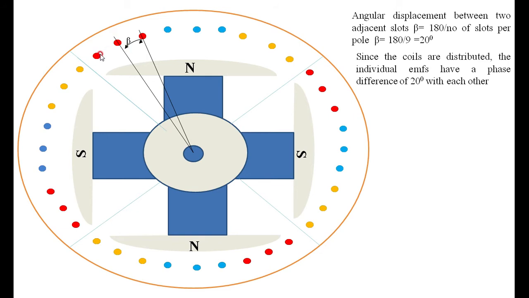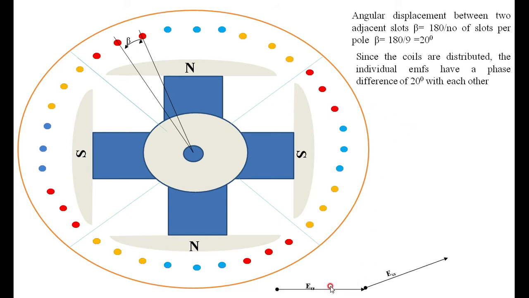There is a phase displacement between these coil sides, that is beta. Therefore, the total induced voltage for a particular R phase is the sum of the voltages induced in the first slot coil, second slot coil, and third slot coil. They are not in phase but displaced by beta degrees, so there is a vector sum. This type of winding is called distributed winding.